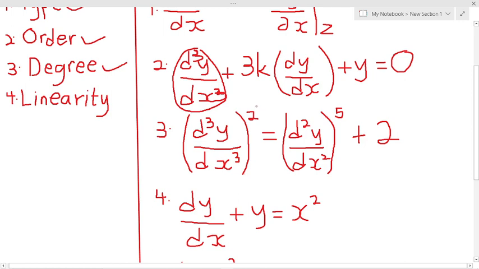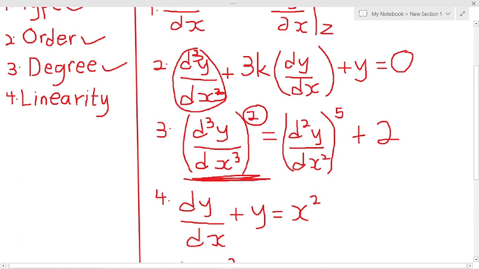Hence, our degree here becomes 2. So our degree is always dependent on the highest order in the equation. So this equation here becomes a third order differential equation of degree 2.